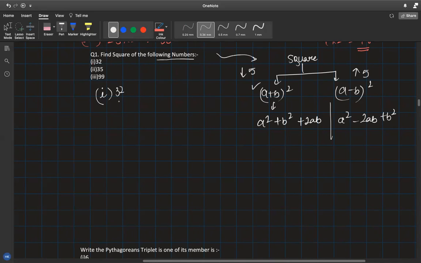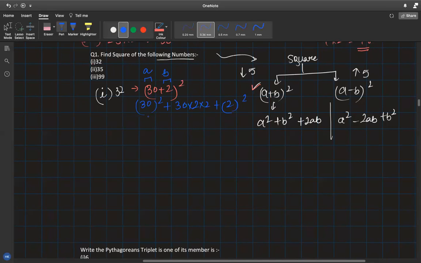The question says 32. Can we write 32 as the sum of (30 plus 2) square? Yes, we can write it. We are using the (a plus b) whole square formula. In this case, 30 becomes your a and 2 becomes your b. So what do you have to do? Now you have to do 30 square plus 30 into 2 into 2 plus 2 square.